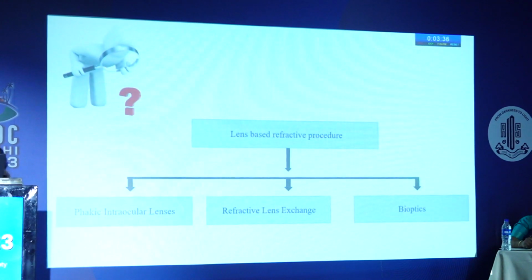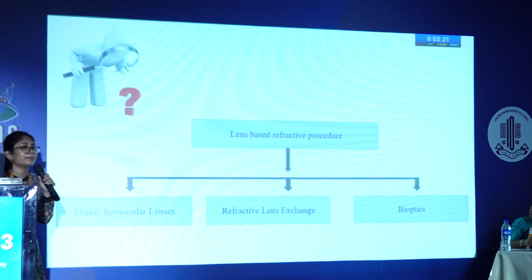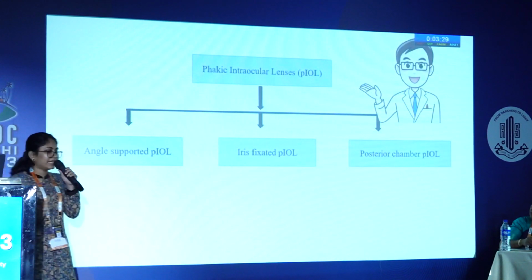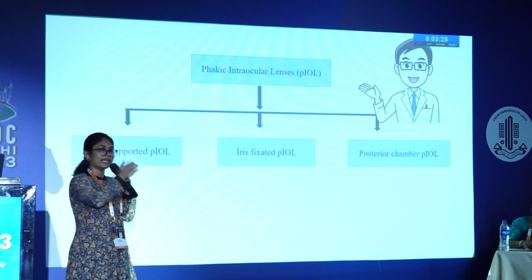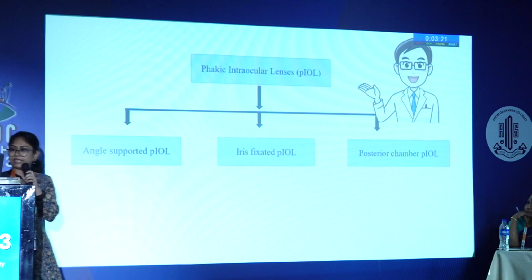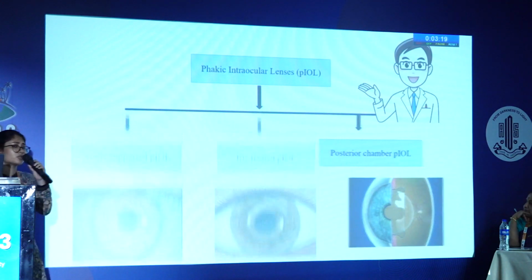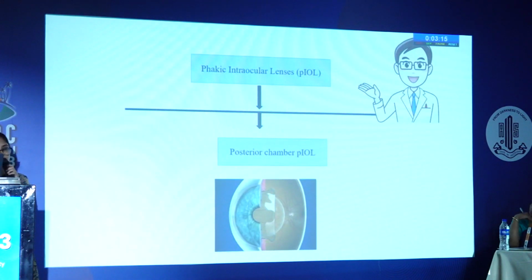In lens-based refractive procedures, we have phakic IOL, refractive lens exchange, and bioptics. Phakic intraocular lens is a supplementary lens that is inserted into the anterior or posterior chamber of the eye to correct the refractive error. They are available in 3 forms, but due to unacceptable complications, only the posterior chamber phakic IOL is used these days.